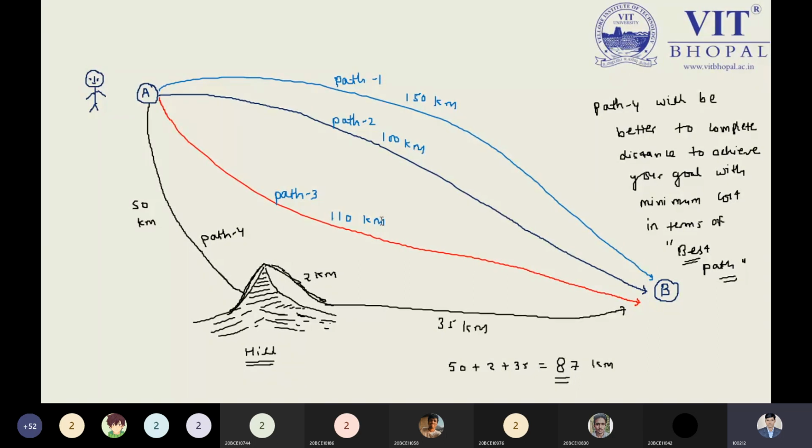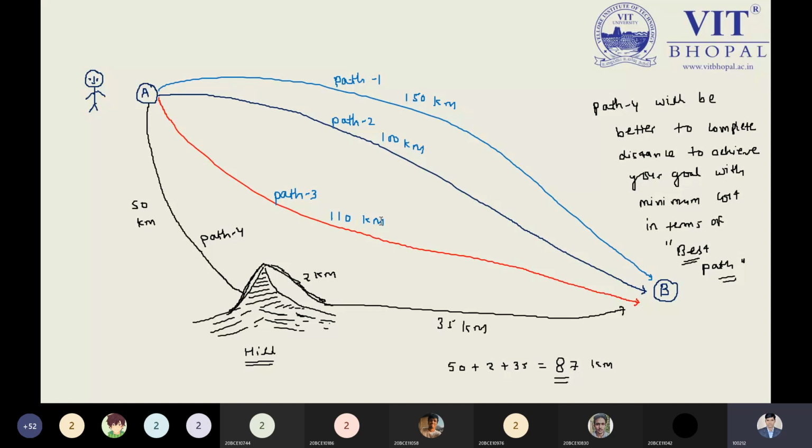You can see this image right now. Suppose the distance can be maximum, but by reaching the hill while choosing this path, maybe I can save the time. So the ultimate objective in the hill climbing algorithm is to solve my problem with the minimum time.